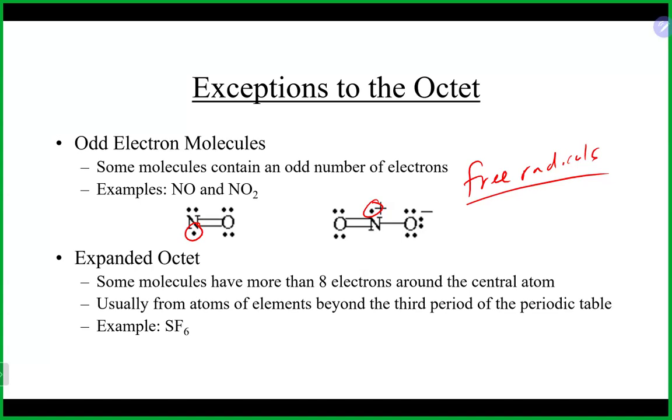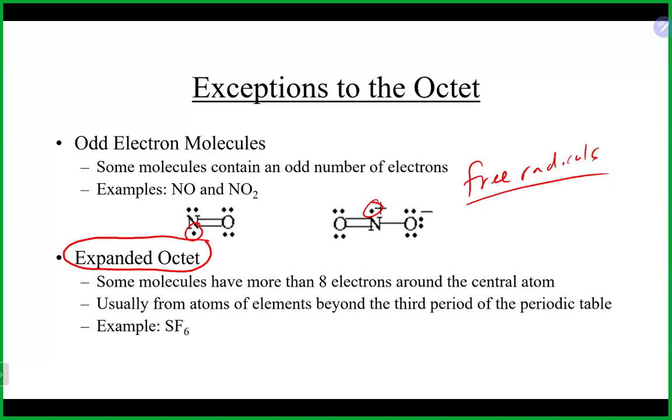Probably for your chemistry career, the most common exception to the octet rule that you will come across, which is again not in here, is the expanded octet. There are certain elements that can go over 8 electrons, and it can have upwards of 10 to 12 electrons around them, and they're perfectly happy to do so.